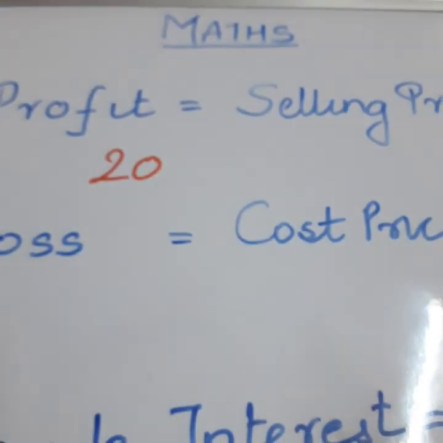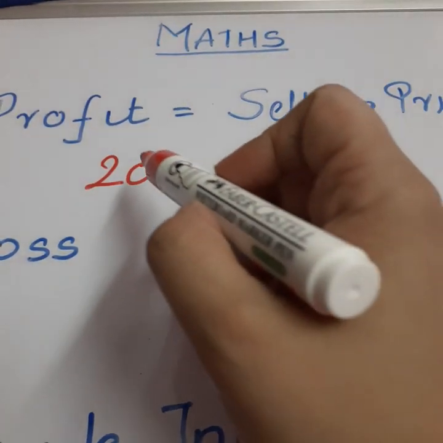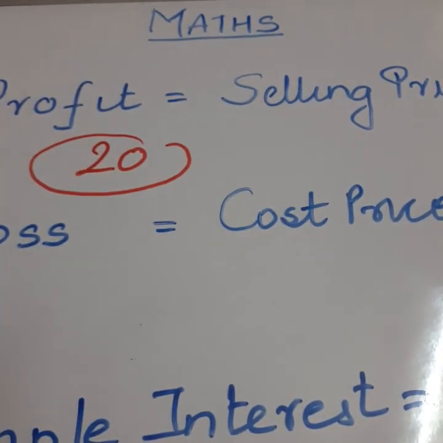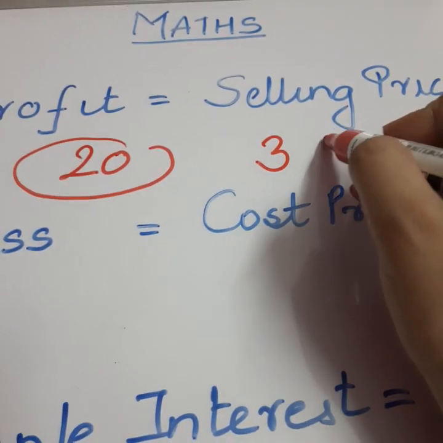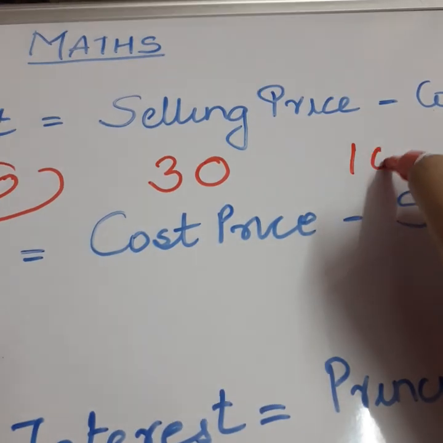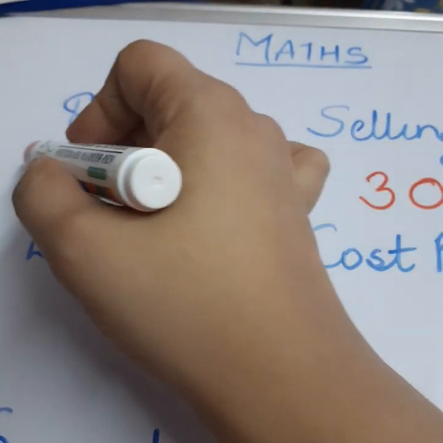Okay, I've bought a particular thing for 20 rupees, that is the cost price. Anything, you can take anything, and I'm selling it for suppose 30 rupees, the selling price. So what is my profit? 10 rupees profit, right? So this is the profit.